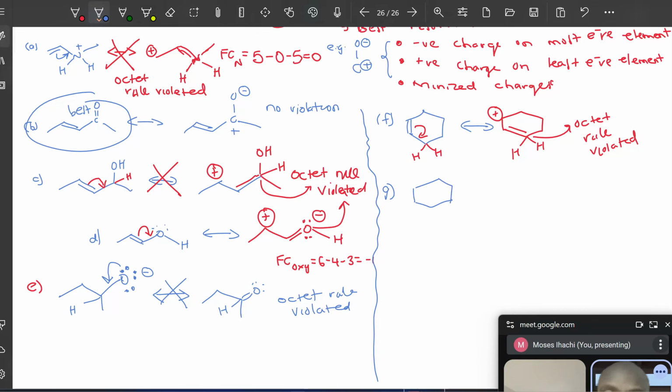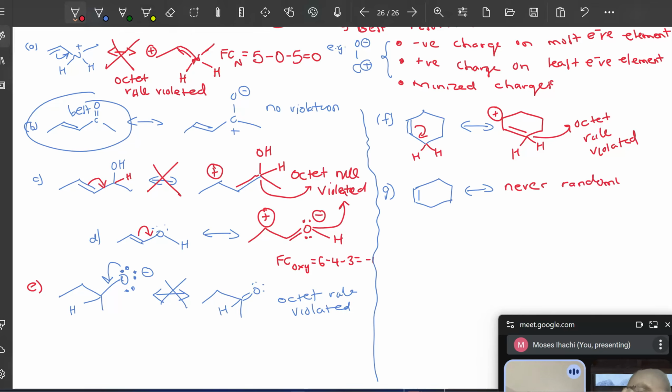And G is a huge felony. I don't know what someone is thinking there. You don't just break a sigma bond. You cannot do that. It's a big no-no. It maintains the octet, but still, I shouldn't even include it in the rules. It's kind of obvious. What would you say for that?